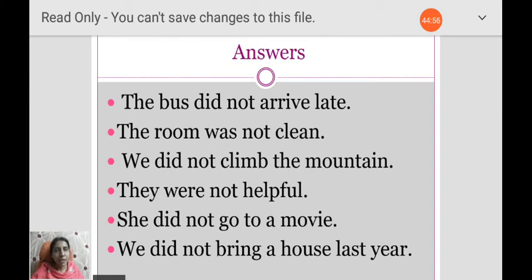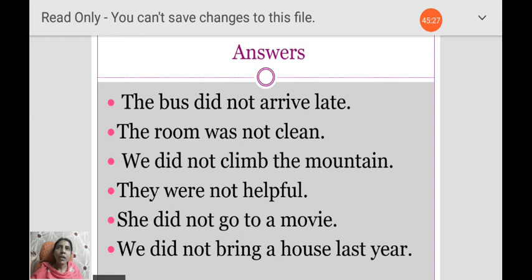When a helping verb is there, simply add not. They were not helpful. The question is, she went to a movie. This went is V2 form. So immediately a verb is there, so we go for did not. Did not, and the base form of went is go. Go, went and gone. So here: she did not go to a movie.